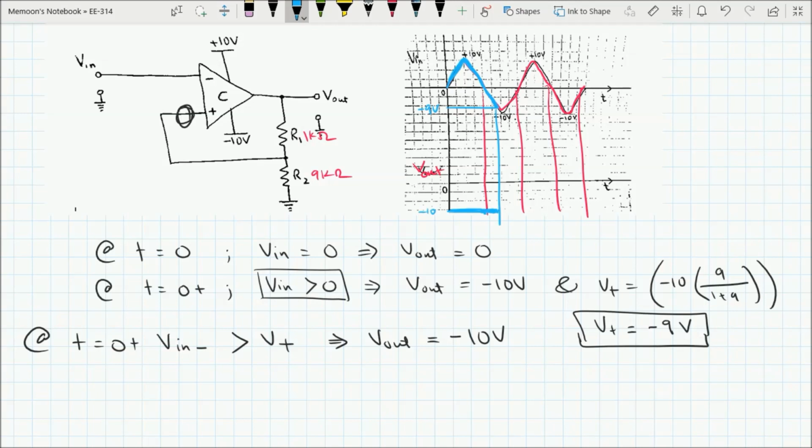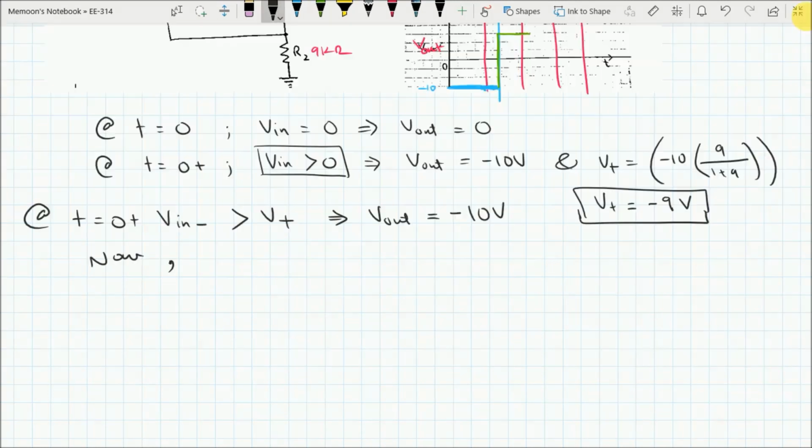And as soon as your V in, your V negative drops below negative 9 volts, your V positive will become greater than your V negative. So at this point, your output will shift from negative 10 volts to positive 10 volts.